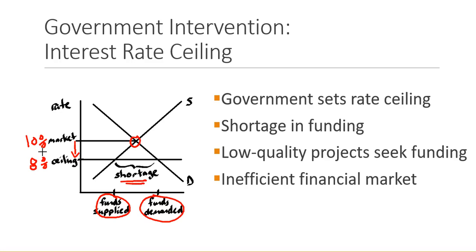That's not to say that government intervention is never a good idea. That wouldn't be an accurate statement. But it probably is an accurate statement to say most economists would agree that interest rate ceilings don't have a positive effect on the economy. And here we see that being fleshed out in this example.